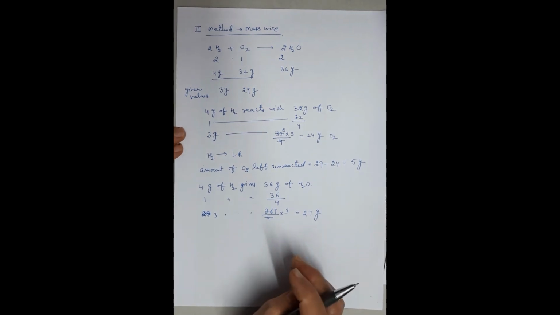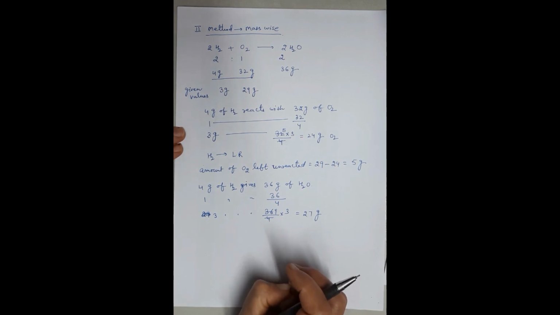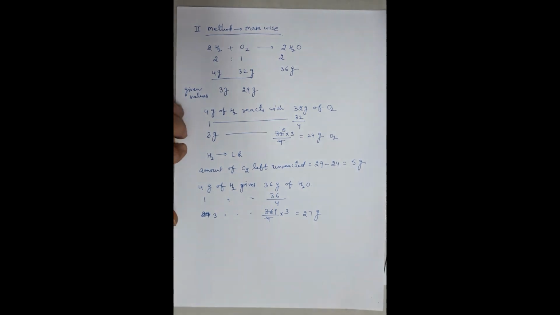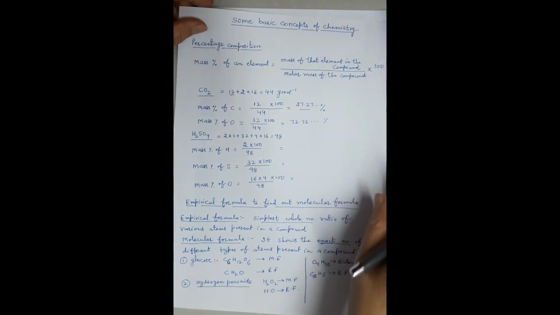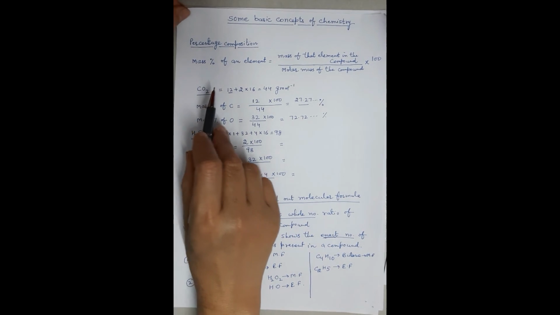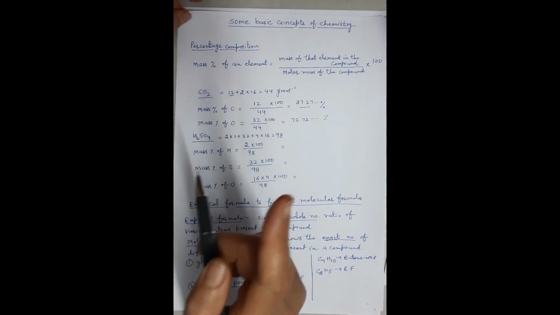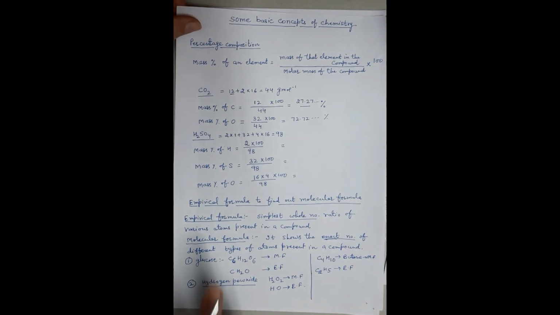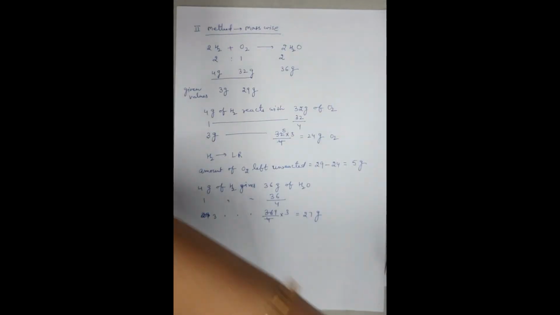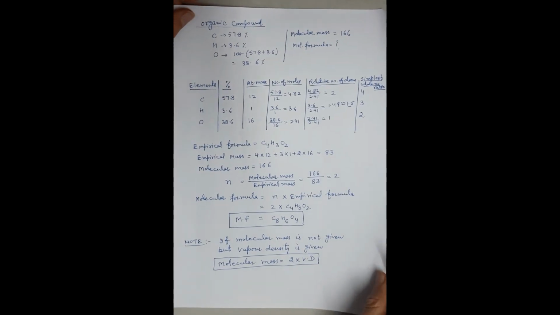Beta, this is all for today. So let me revise what we have done today. One is related to percentage composition, which talks about the mass percentage of each and every element present in a compound. And then empirical formula, molecular formula, and calculation of molecular formula from a given empirical formula.